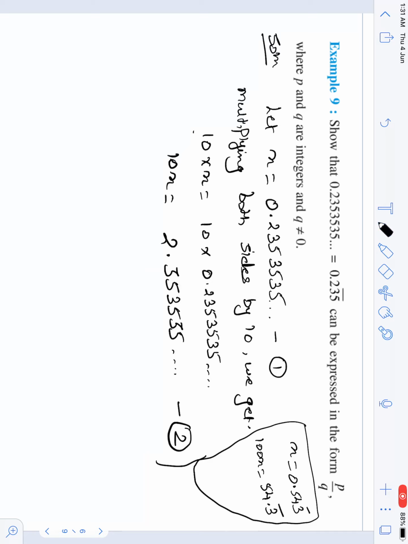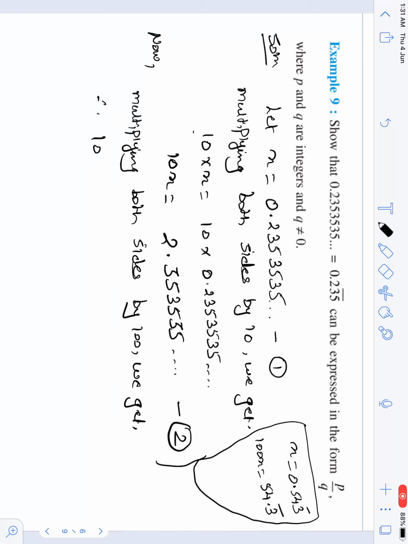Okay, so now multiplying both sides by 100 we get 100 into 10x equals 100 into 2.353535.